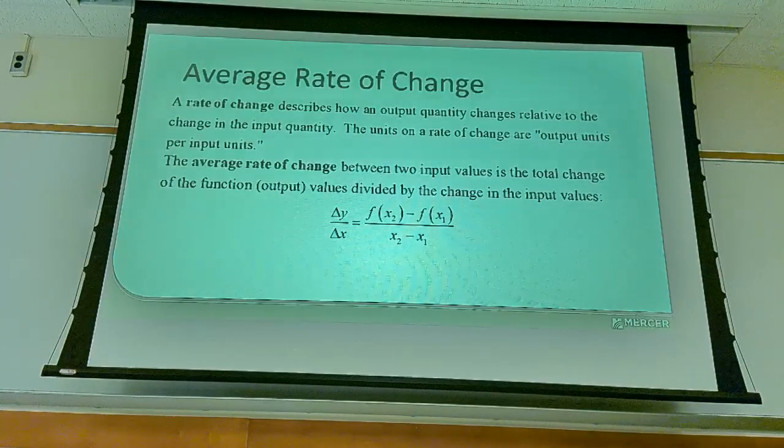Now, this is a really fun thought experiment when you're first learning rates of change. Say you go on a road trip, and it takes you 60 minutes, 1 hour, to go 60 miles. What was your average speed during that trip?